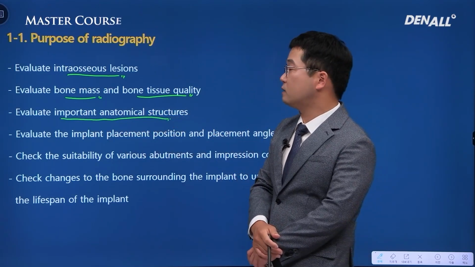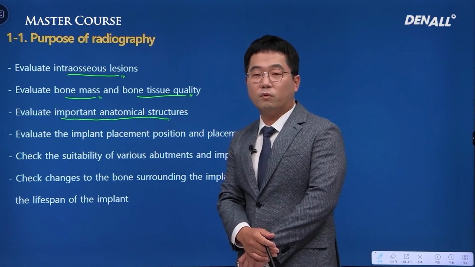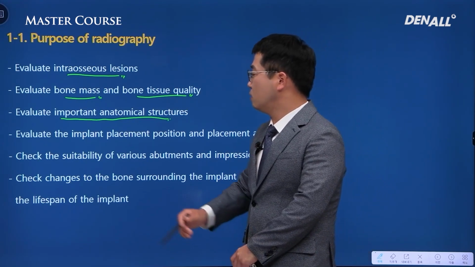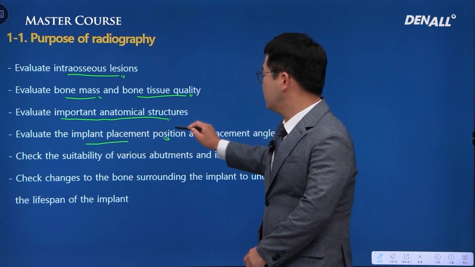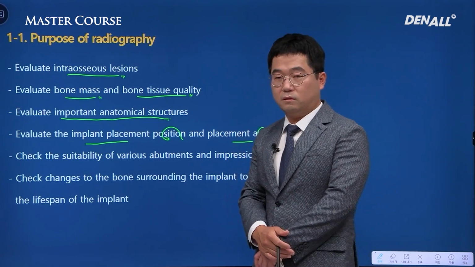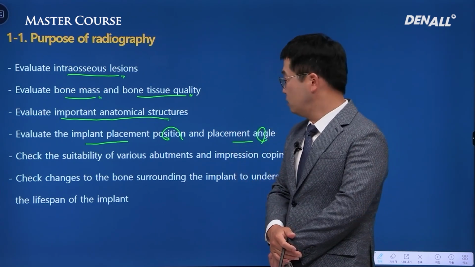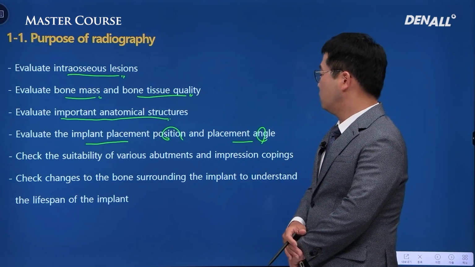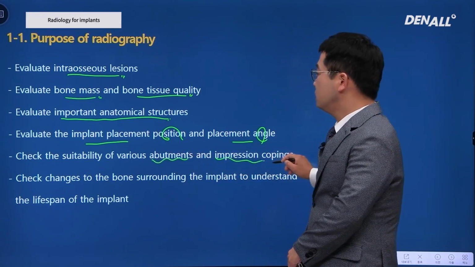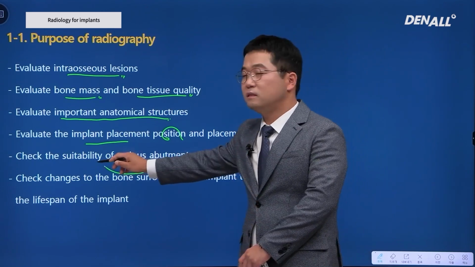Such as the sinus, mental foramen, and such. We need to evaluate the implant placement position and the angle. Also, in the prosthodontic phase, we need to check the suitability of various abutments and impression copings.